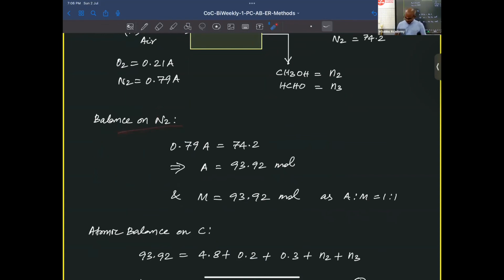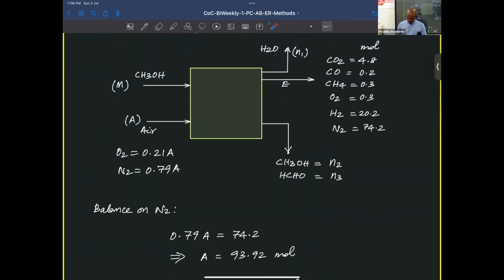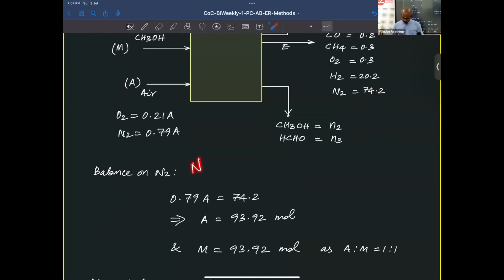So molecular balance on nitrogen: nitrogen at the inlet is 0.79 into A, that is N2 in the inlet, and N2 in the outlet is 74.2 moles. If you want to write in terms of atomic balance, or balance on N, it will be 0.79 into 2 into A. Or rather, 1 A will have 0.79 into 2 of N. That is 0.79 into 2 into A, and here also you should take it as 74.2 into 2.